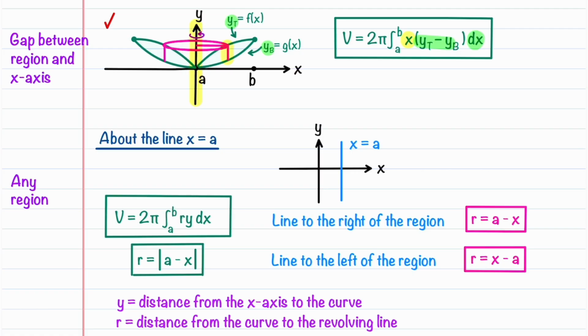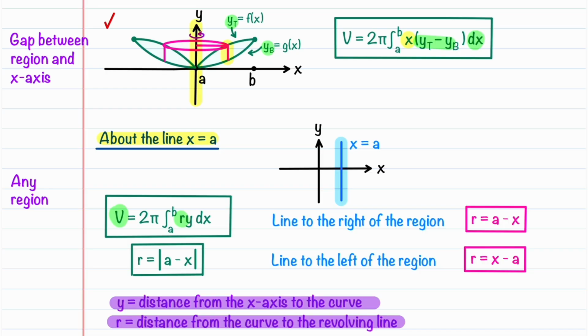Let's now go over the formula for rotating a region about the line x is equal to a. A line x is equal to a is a line that is parallel to the y-axis. The formula for our volume is really similar to the formulas that we just looked at, but now the radius is just written as r, and it is the distance from the curve to the revolving line, and then the height y is the distance from the x-axis to the curve.